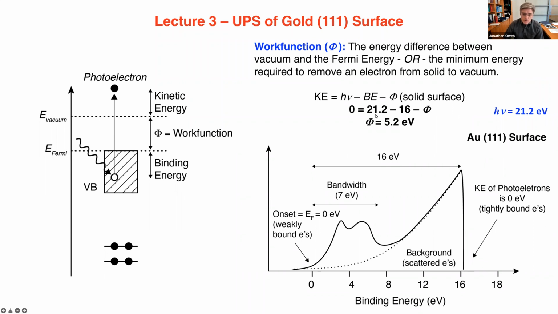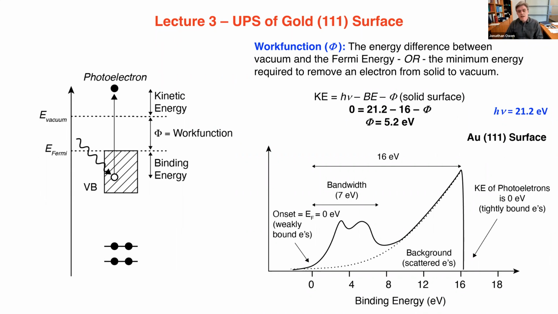So you know you have a 21.2 eV photon, and this energy of 16 electron volts, where the spectrum dies, the difference between those two things corresponds to the work function of the material. Right? So if we take the work function and the binding energy, and you go down, the sum of those two things goes below 21.2 electron volts, the photons do not have enough energy to kick electrons out of the solid anymore.